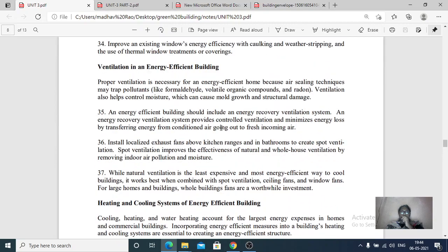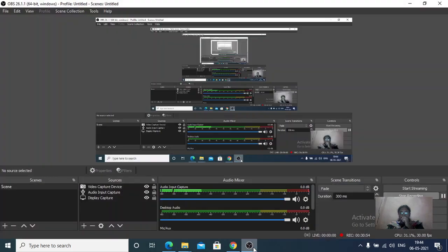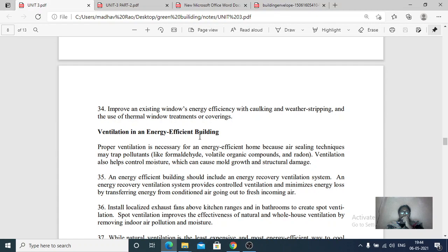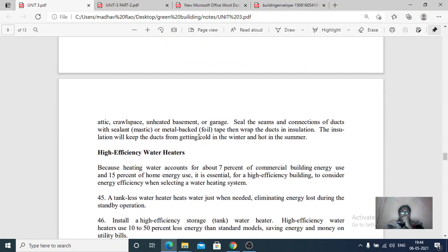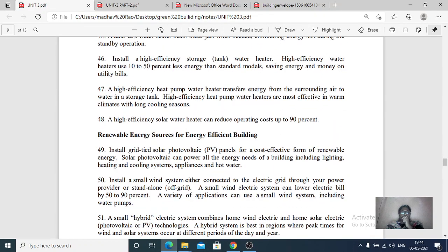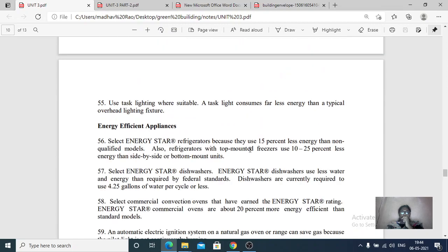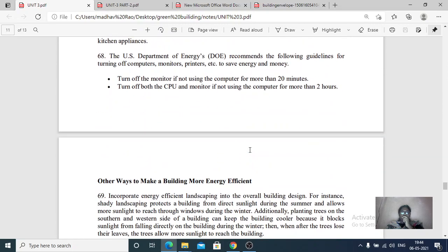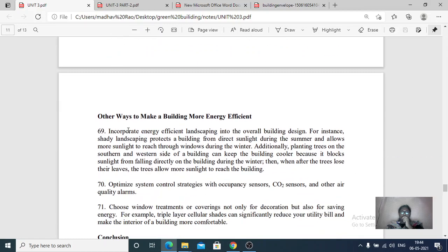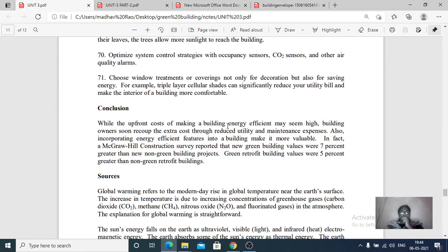In the next class, we will study zero net buildings, and high efficiency renewable energy sources for energy efficient buildings. Next we will study other ways to make buildings more energy efficient.